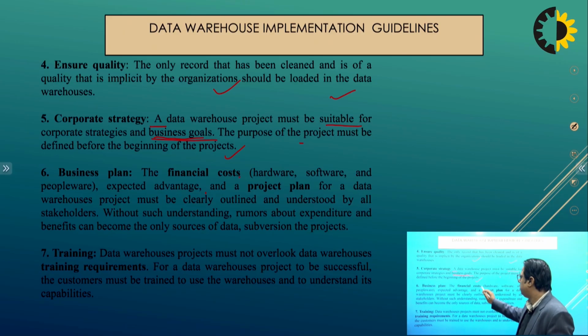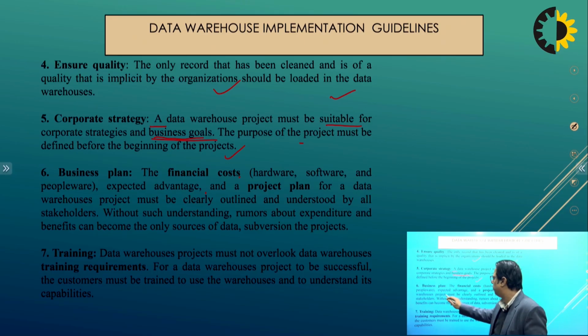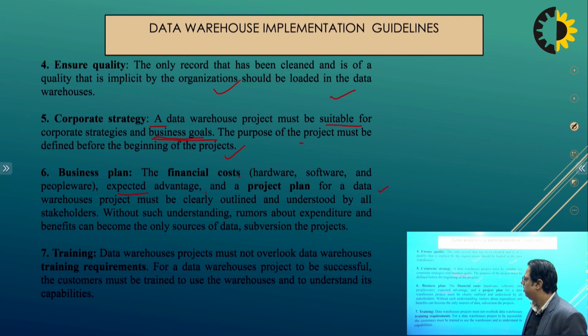The financial cost of hardware and software, people, expected advantage, and project plan for the data warehouse project must be clearly outlined and understood by all the stakeholders. Without such understanding, rumors about expenditures and benefits can become the only source of data and supervision of the project.